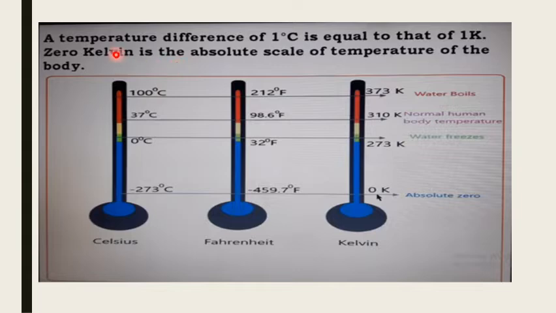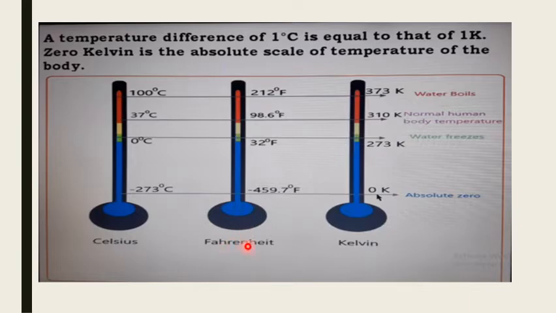Next, the temperature difference of 1 degree Celsius is equal to that of 1 Kelvin. 0 Kelvin is the absolute scale of temperature of the body. You can see here for Celsius: minus 273 degrees Celsius, here 0 degrees Celsius, next one 37 degrees Celsius, and the last 100 degrees Celsius. The water boils at 100 degrees Celsius.